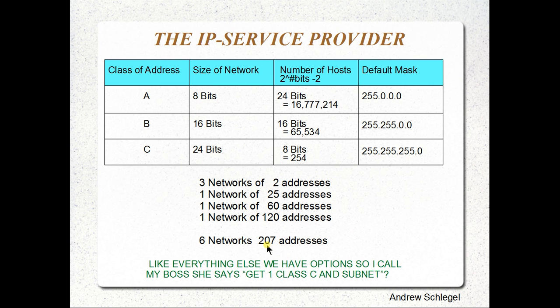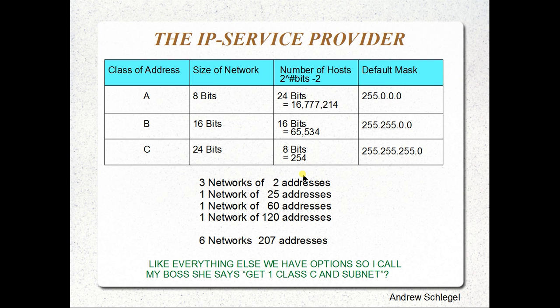We could buy 6 different class C networks, 1 for each of the networks we need. But the problem there is we have 254 available addresses, and we only need 2 for each of these 3 networks, so that would leave 252 addresses unused in each of those 3 networks.